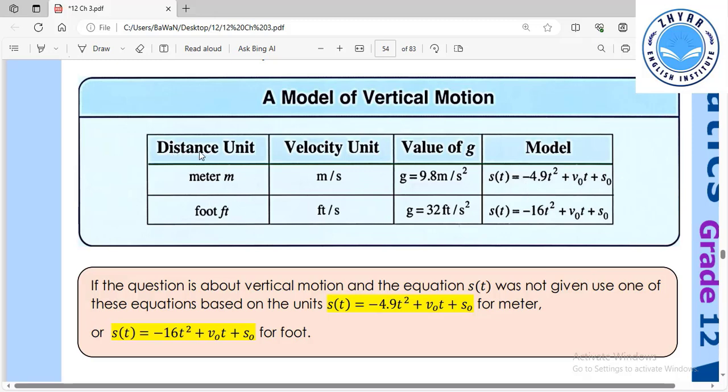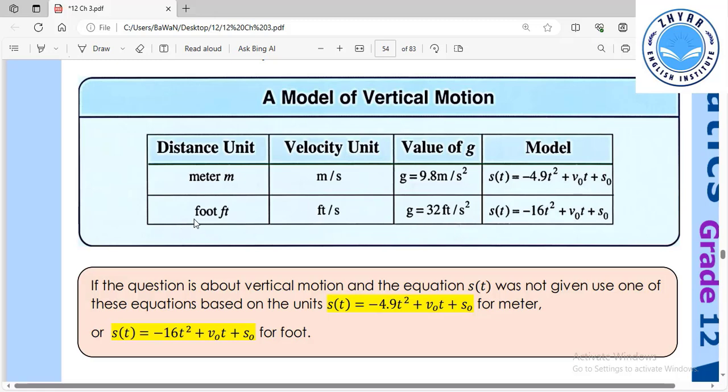If the question is in terms of meters, we will use negative 4.9 t squared plus v naught t plus s naught. What is v naught? V naught is the initial velocity and s naught is the initial position.